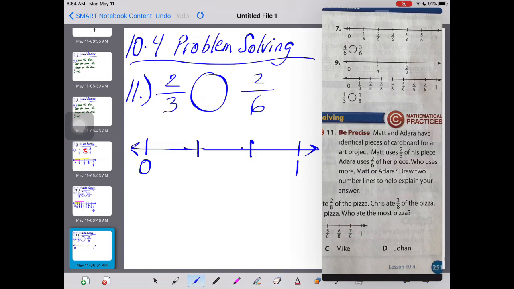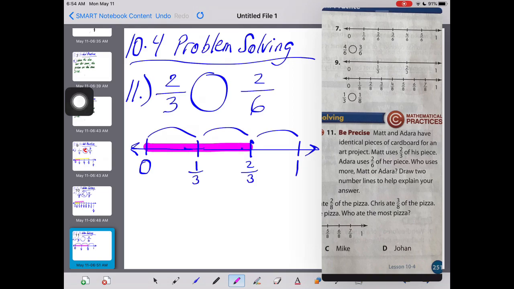This one might be a little off, huh? Thirds are hard to draw. Okay, so we have 1, 2, 3, and so we have 1/3 and 2/3. And then, of course, all the way would be 3/3. Matt used 2. So we go 1, 2. All right.